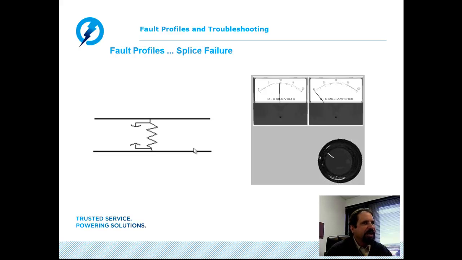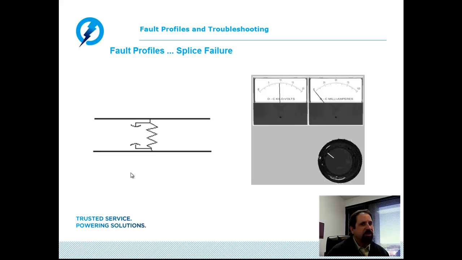The next fault that we're going to take a look at is what I refer to as a splice failure, a fault that materializes within the cavity of the splice. Now, if you notice my diagram here, I show a very, very large gap. Typically, whenever we're dealing with a fault within a splice, normally the breakdown voltages are going to be quite high.